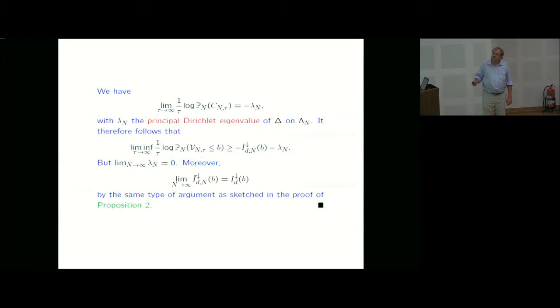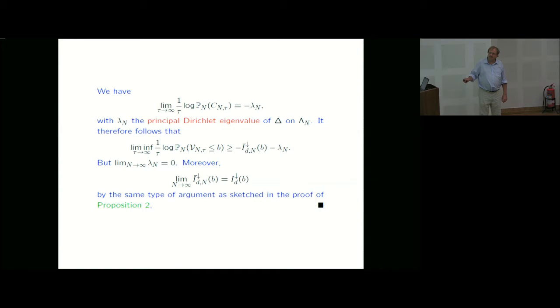And all I have to do is show that this killing event is not doing really very much. And that's because the probability that it will go out of the box has an exponential rate with a Dirichlet eigenvalue of the Laplacian on this box. And it so happens that this Dirichlet eigenvalue is tending to 0 as the box goes to infinity.